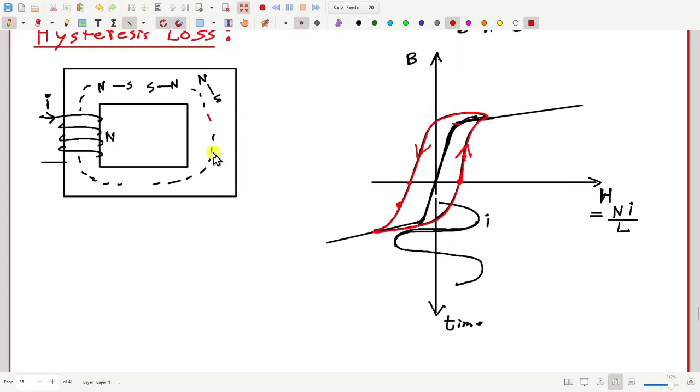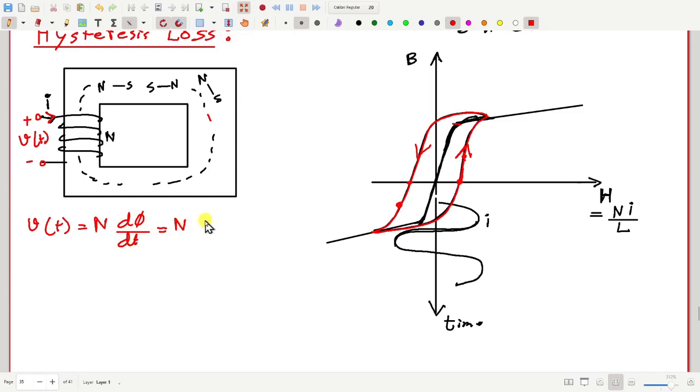Now we want to estimate the amount of power loss due to hysteresis. So just consider only one coil. This current is I. The voltage across it is say V. How much is V? The voltage will be equal to N into d phi dt.